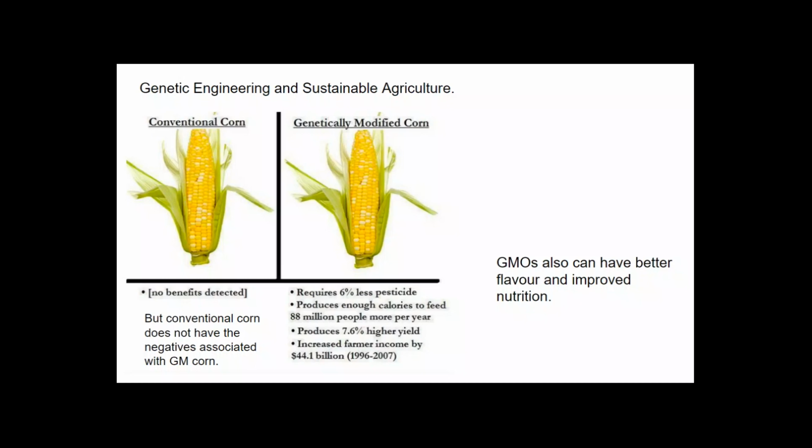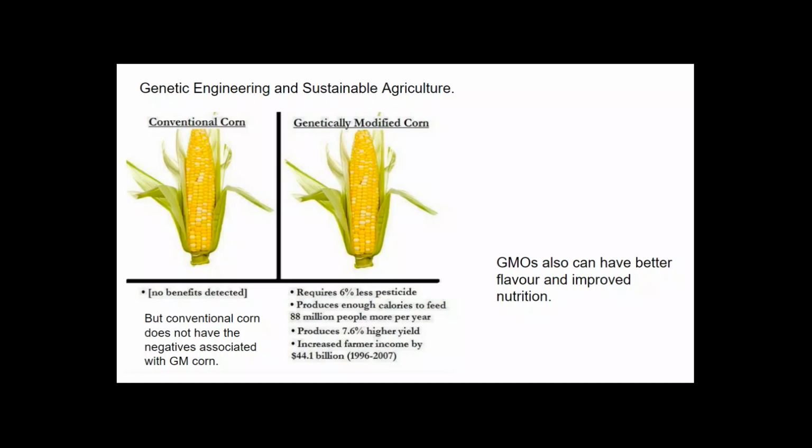We've mentioned genetic engineering already, but it's related to sustainable agriculture because by growing genetically modified crops, we can carry out more sustainable practices, although it's not really sustainable in itself, but it allows for sustainable practices to be covered.